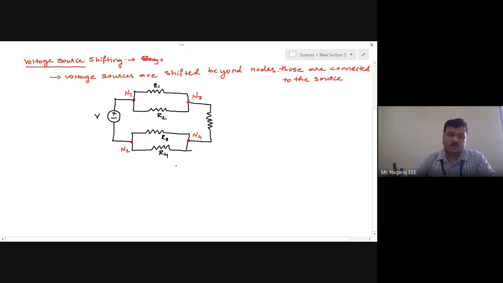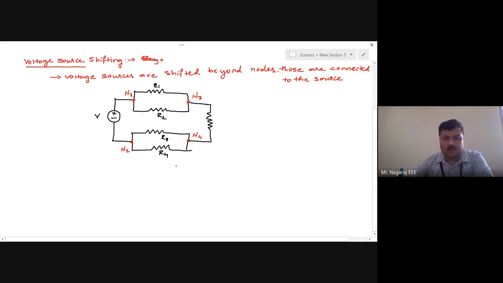I cannot shift this voltage source of V volts beyond N3 and N4 because N3 and N4 are not directly connected to the voltage source. But the nodes N1 and N2 are directly connected to the voltage source of V volts. So I can shift this voltage source either beyond N1 or beyond N2. Both I cannot do. Either I can shift this voltage source after N1 or after N2.